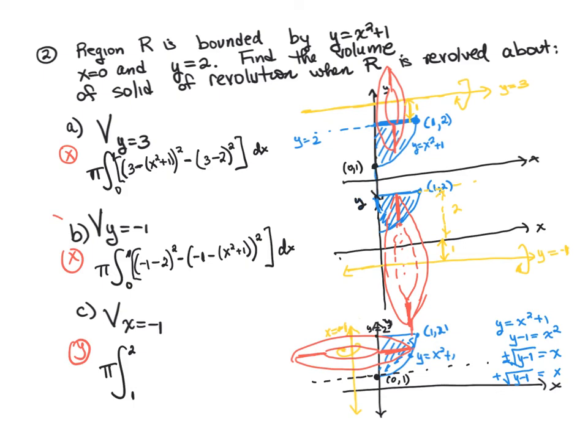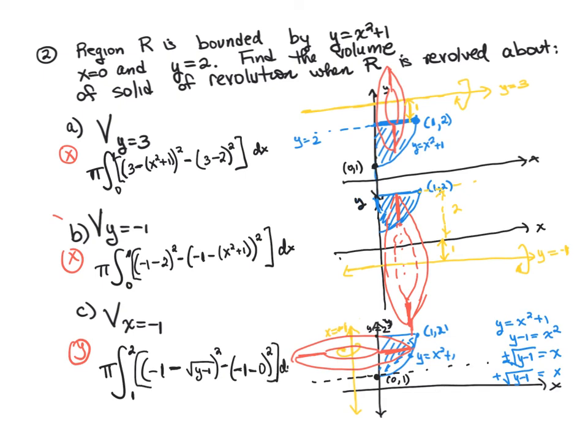Then for the last one, again, we have to put it in y. So it would be the axis of revolution, which is -1, minus the curve furthest away from the axis of revolution, and the curve furthest away is the parabola, which would be the square root of y minus 1, squared, minus the axis of revolution minus the curve closest to the axis of revolution, and that is the y-axis, which is x equals 0, squared dy.